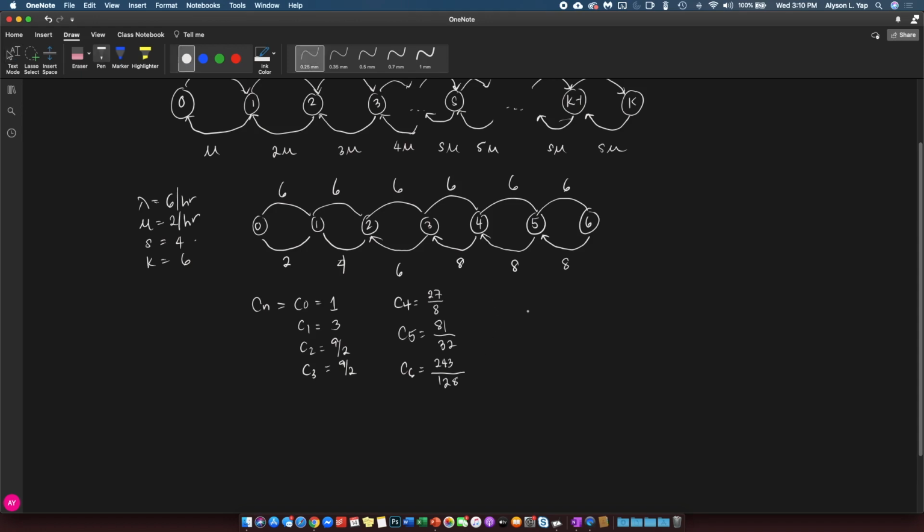Okay? And therefore, to get P sub 0 is just the summation of C sub n from n equals 0 to infinity raised to negative 1.